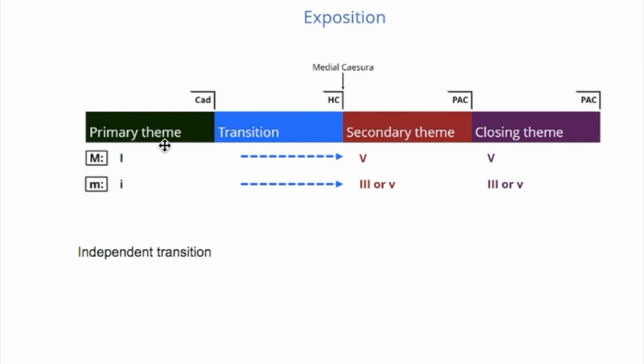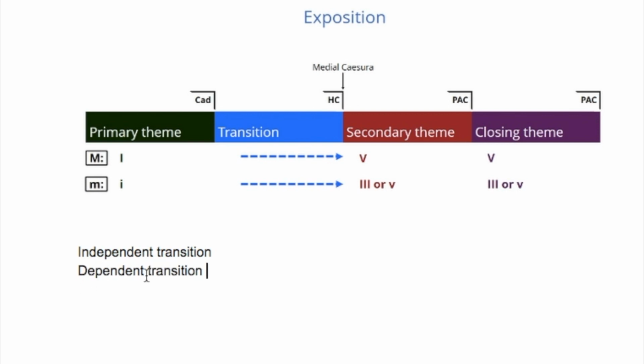But there will be times where we see the primary key area without a very clear perfect authentic cadence. The primary key area is clearly established, but we just never have that very clear, strong perfect authentic cadence to mark the end of the primary key area. Instead, it just flows into the transition. So in that case, that's called a dependent transition.